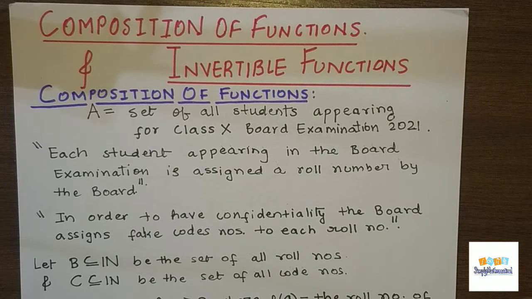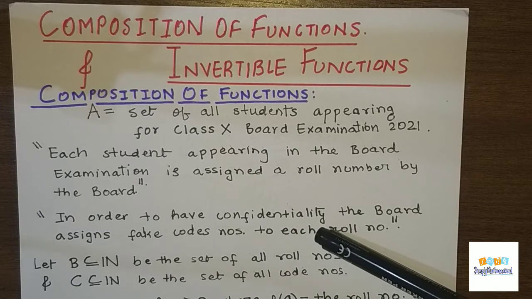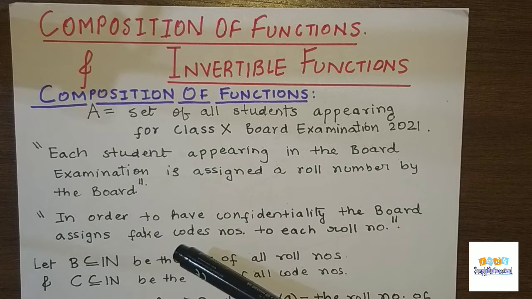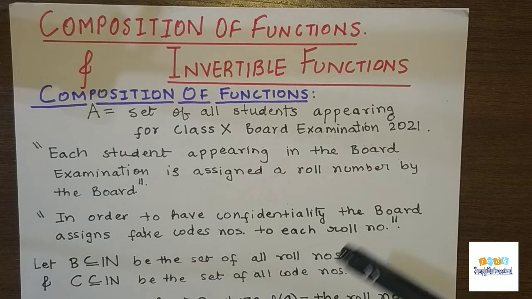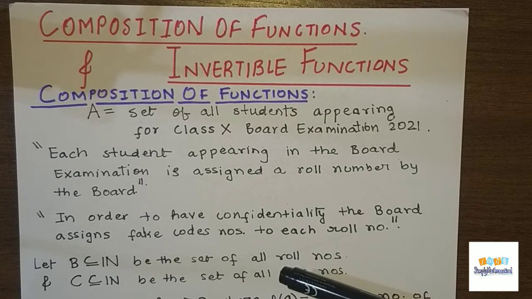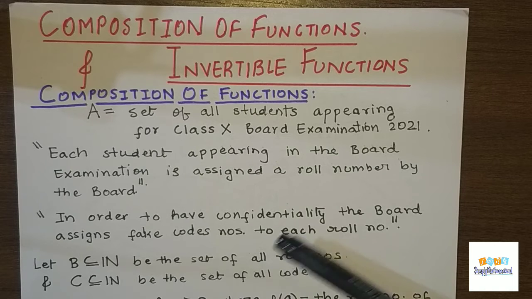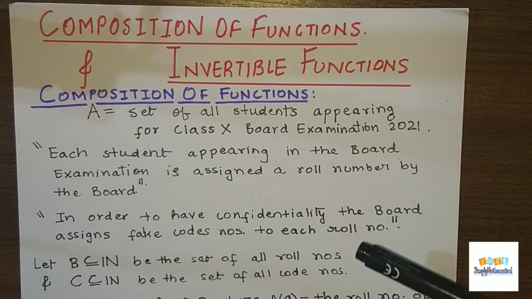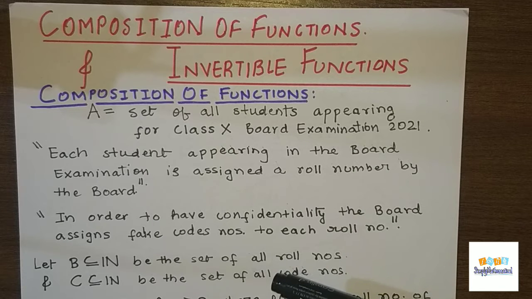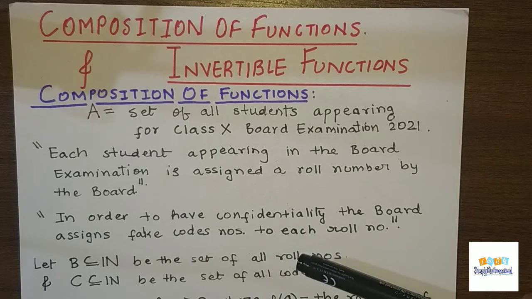Now in order to have confidentiality, the board assigns fake code numbers to each roll number. So that means the board wants to assign fake codes to each roll number for confidentiality.